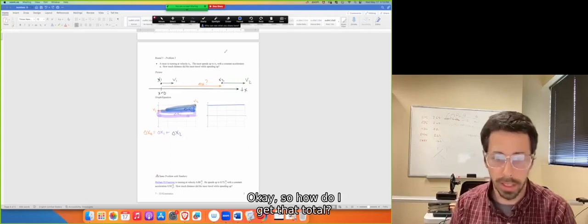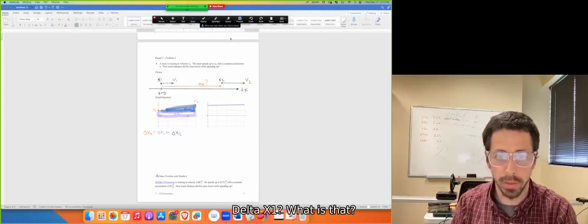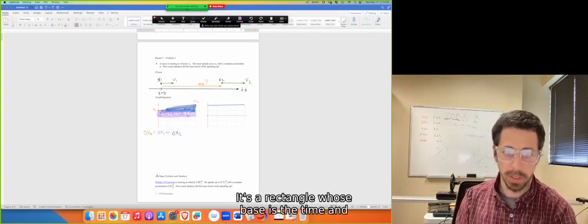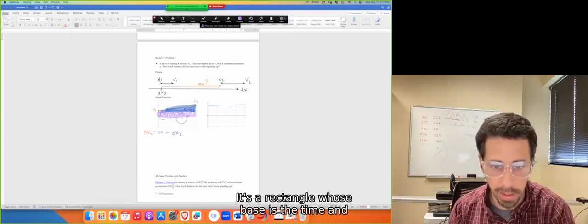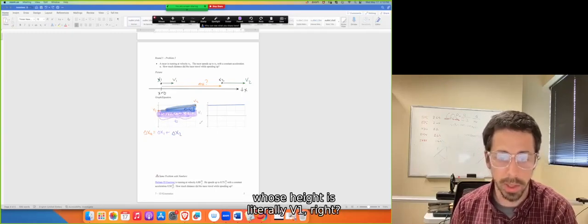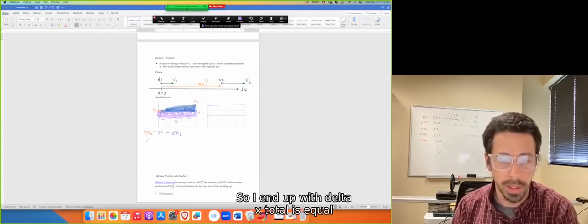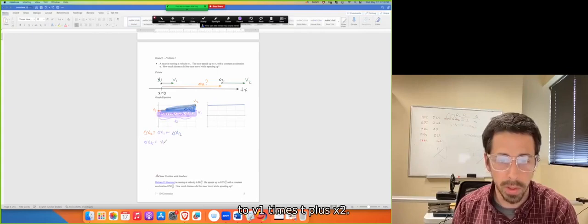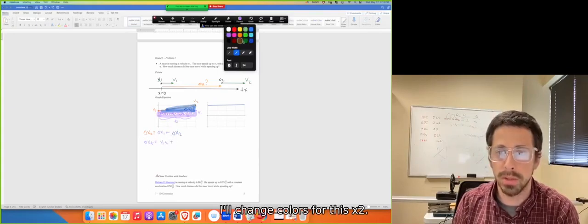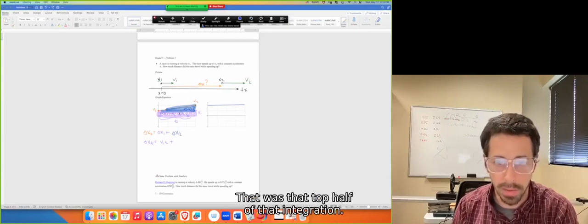So how do I get that total? Well, delta x1, what is that? That to me is this piece right there. It is a rectangle whose base is the time and whose height is literally v1. So I end up with delta x total equal to v1 times t plus delta x2, that top half.